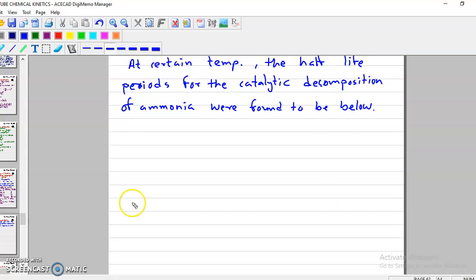Here the table is given, pressure is given in mm, and t half is also given. So at 50 mm pressure, the t half is 3.52. At 100 mm pressure, t half is 1.92. At 200 mm pressure, t half is about 1.0.